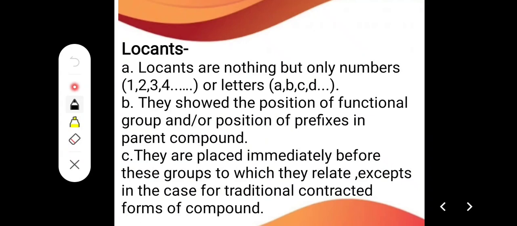Then we consider locants. Locants are nothing but numbers, like 1, 2, 3, 4, or letters A, B, C, D, or alpha, beta, gamma. They show the position of functional groups or prefixes in the parent compound.